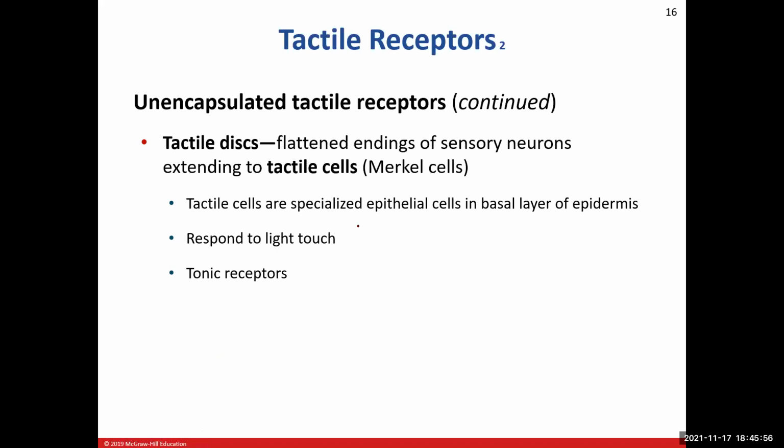So they are actually epithelial cells that sit in that basal layer there. And what will happen is, if you were to apply some pressure or touch to those cells, they're going to release their neurotransmitter onto the tactile discs. So they respond to light touch, and they are tonic in nature.